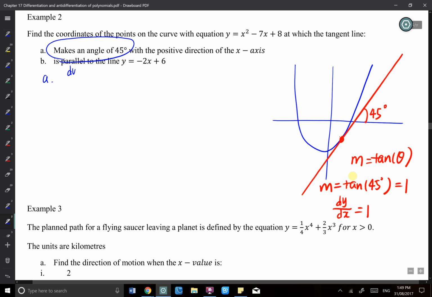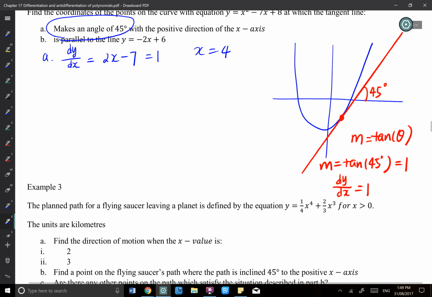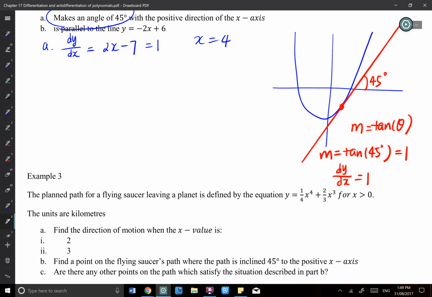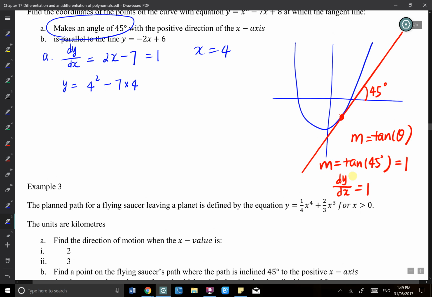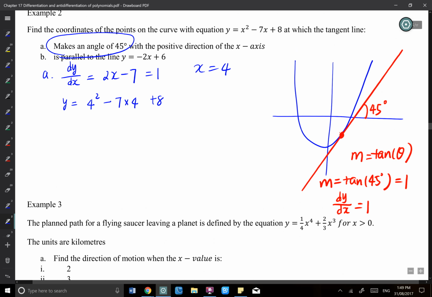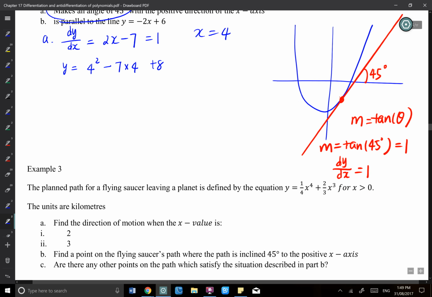Then dy dx is 2x minus 7, and you want that equal to 1. So x gives me 4. So y equals 4 squared minus 7 times 4 plus 8. That's y equals 16 minus 20, so y is minus 4.